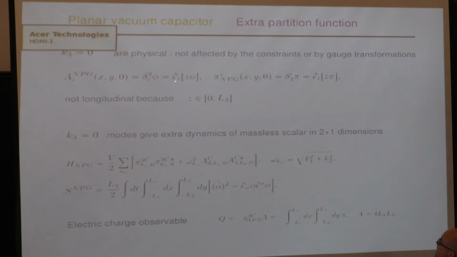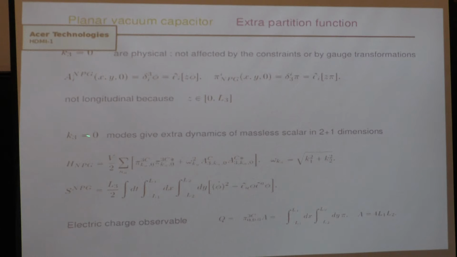So you can write them as the gradient of something, but this something is not really something you can write because z belongs to a finite interval. So you really see that even though formally they are longitudinal, when you take into account that z is constrained to live on an interval, exactly like in topological field theory, in fact, you see that they are not really longitudinal in this sense. Okay?